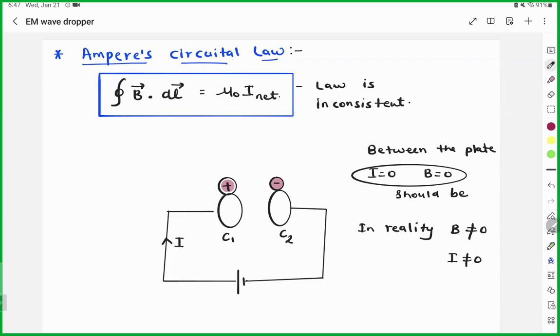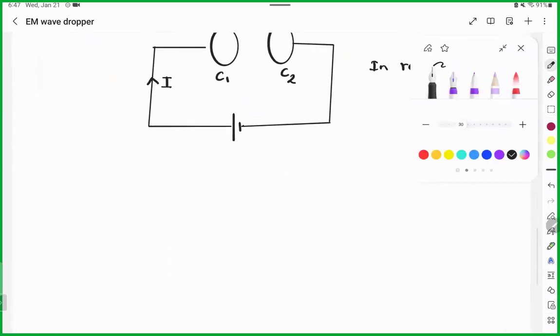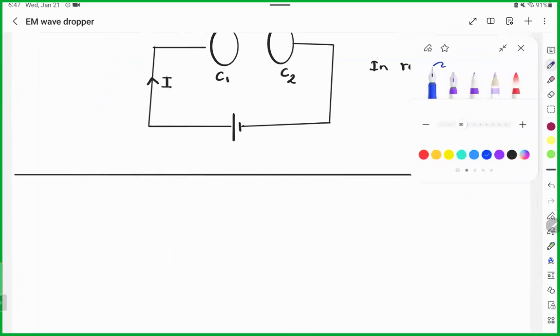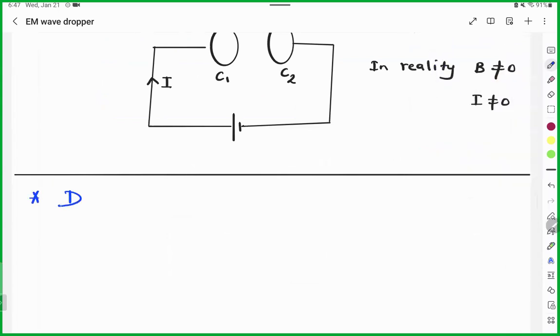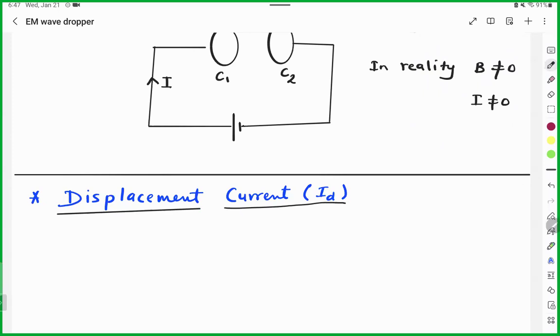And to explain this concept, why these are different values, we have a new topic known as, what should be the topic name, Chandana? Displacement current. Sarah, what is displacement current? Not sure, sir.